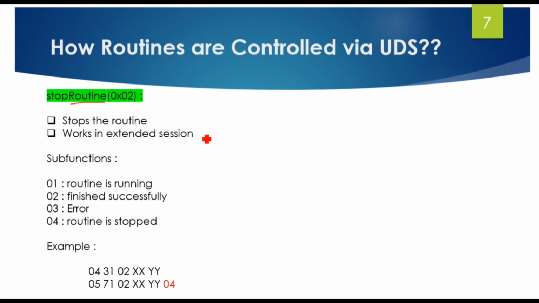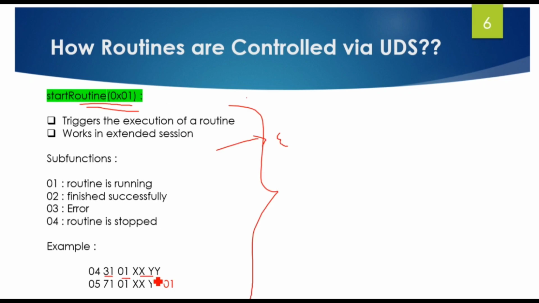So if I take an example of routine control, let's say you are sending this request 3101 and some values, and in a positive response you are receiving 7101, some values, and then 01. So what is this 01? That means the routine is running.